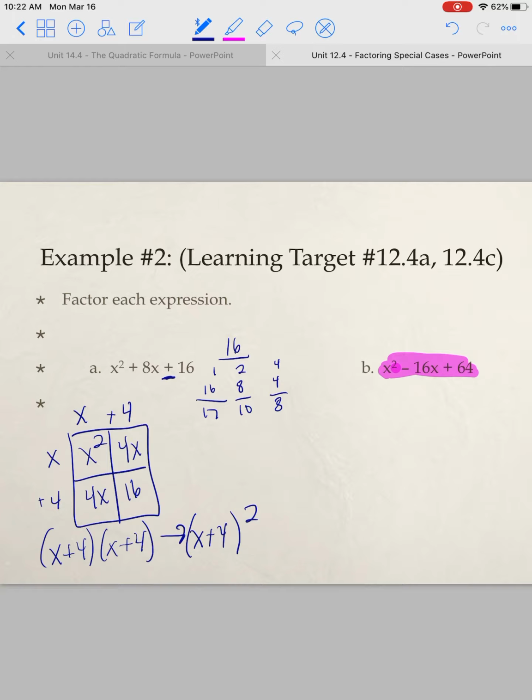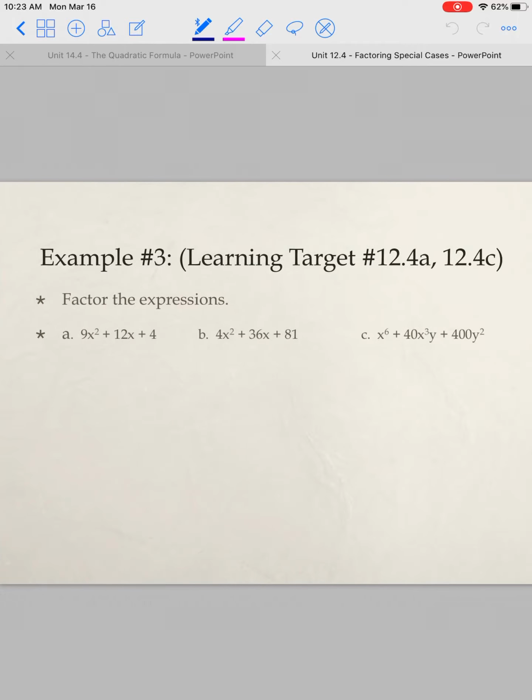So pause it, and I will have an answer for you after you have paused. Okay? So hopefully you paused right there. Your answer, once you worked that out, would have been x minus 8 times x minus 8, which is x minus 8 squared. All right, let's move on.